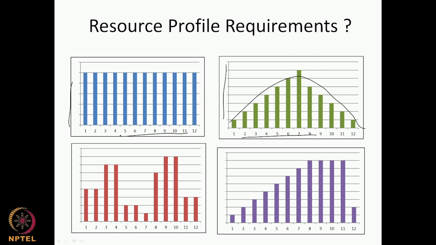In many cases, this is a practical profile of what a project manager would want. Now we come to another case, where we have a profile which is varying, and we might ask whether this is something we want. If you take weather into account, and when I can and cannot do construction, such a profile might suit my climatic conditions.